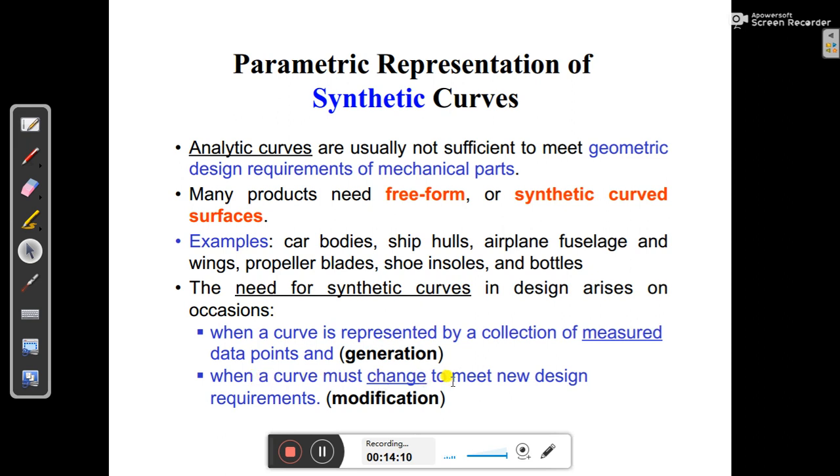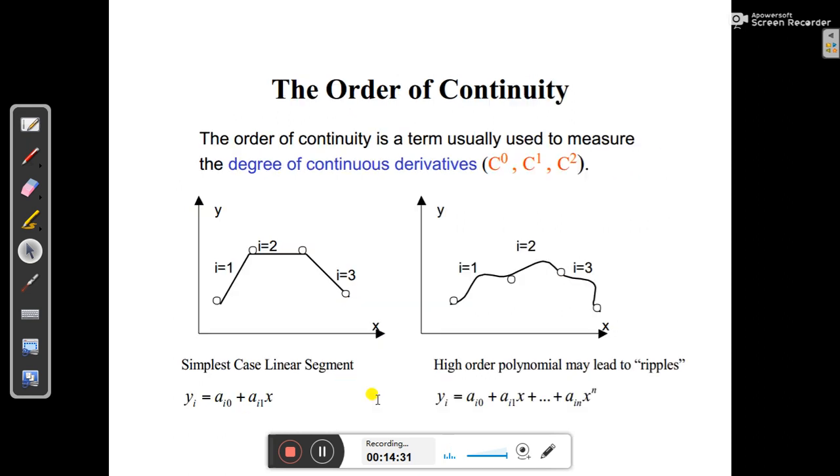When a curve must change to meet new design requirements, this is generation, this is modification. So in various scenarios we might get this type of curve which is a synthetic curve, which might be free form, which might be synthetic curved surfaces, and that might be derived using the generation idea or the modification idea.